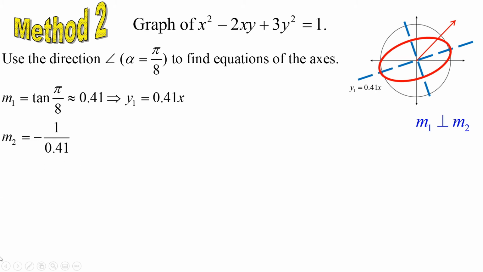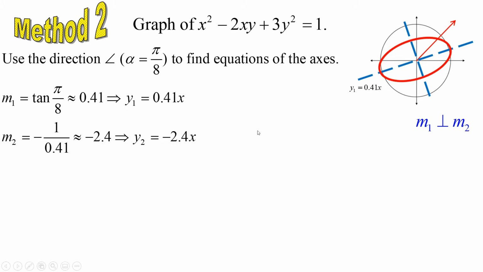And I'm getting approximately, what, a negative 2.4? Let's see, I rounded to the nearest tenth again. Okay, actually I rounded this to the 100th and this to the 10th, so it looks like I did 2 sig digs on my slopes here. All right, anyway, negative 2.4 is the slope of this minor axis right there. So the equation then would be y sub 2 equals negative 2.4 times x.